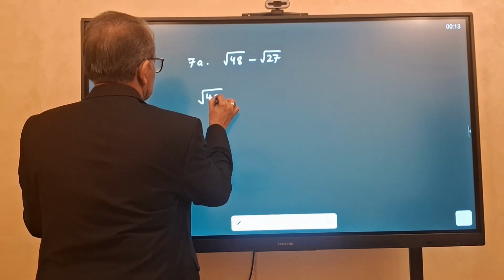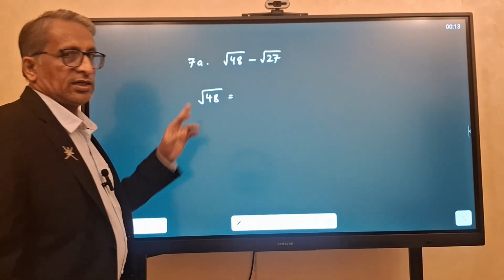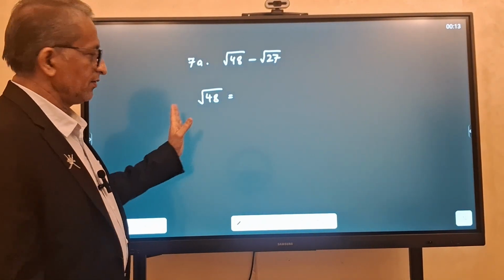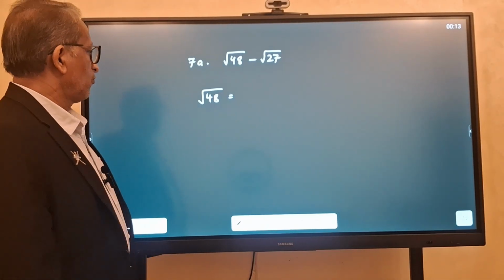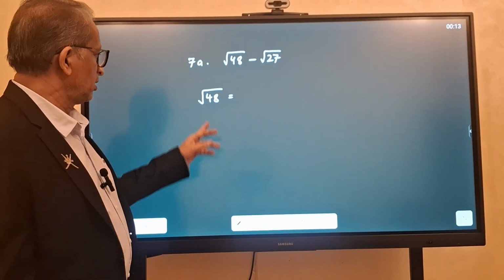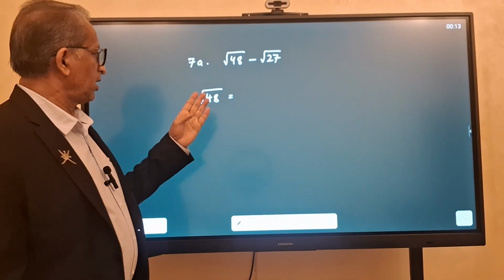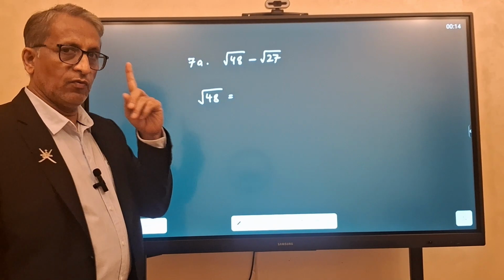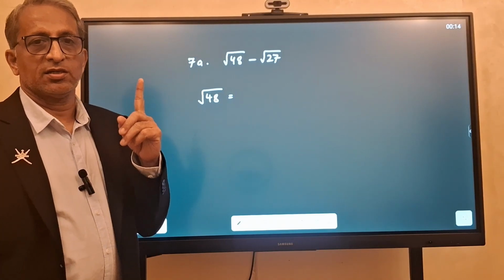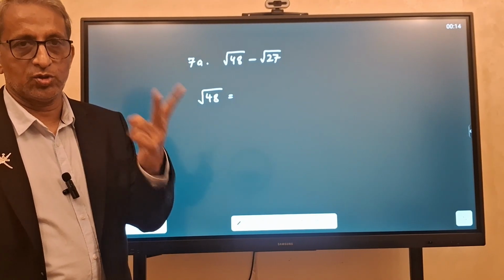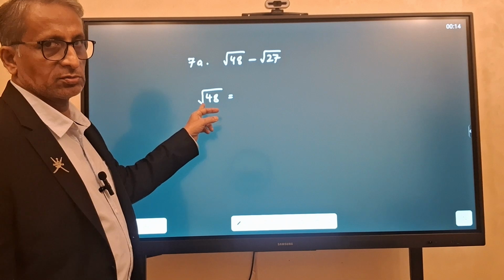48. I take the first term and I will simplify this. 48 is the number. Find the 2 factors of 48 such that one factor is a perfect square, that is power 2, because it is a square root.